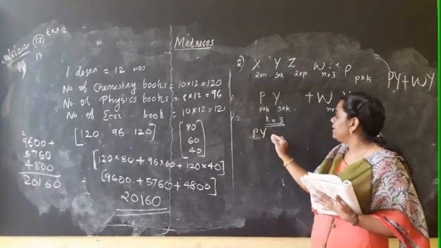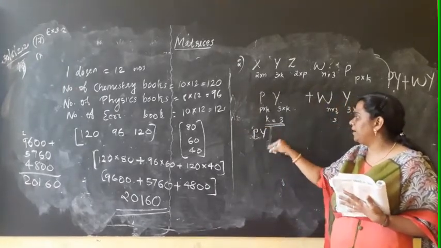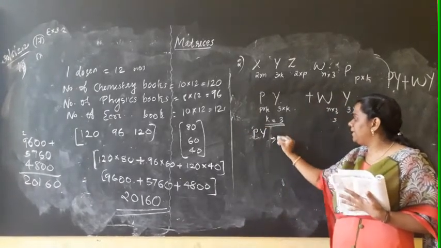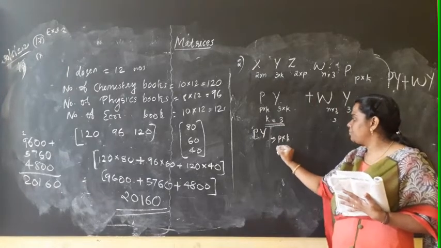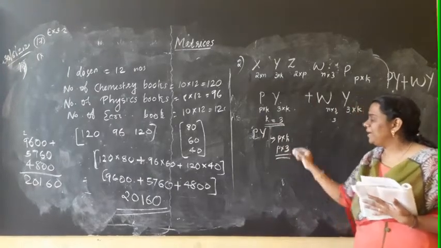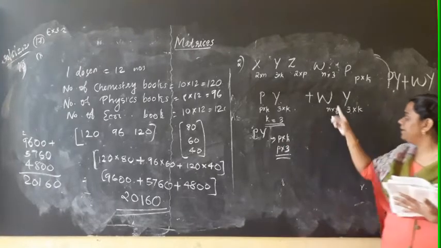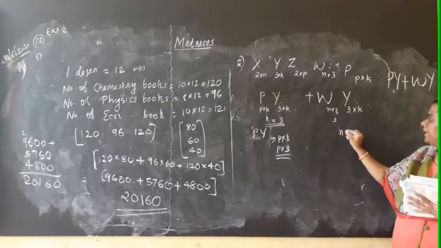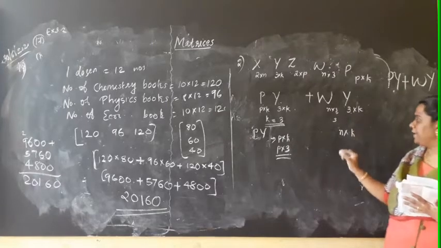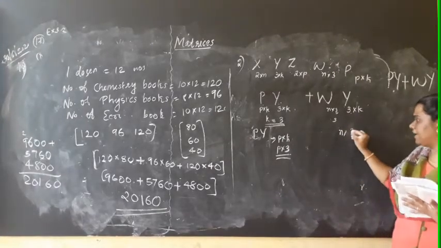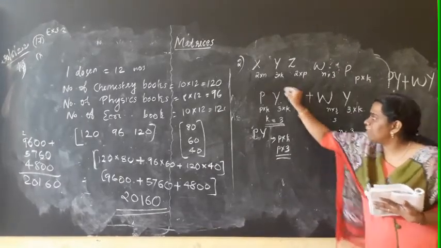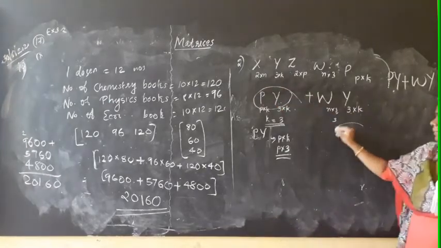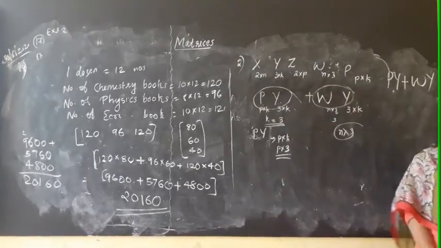Similarly, the order of PY is p by k, that is p by 3. And the order of WY is n by k, that is n by 3, since k is 3. So p by 3 is the order of PY and n by 3 is the order of WY.